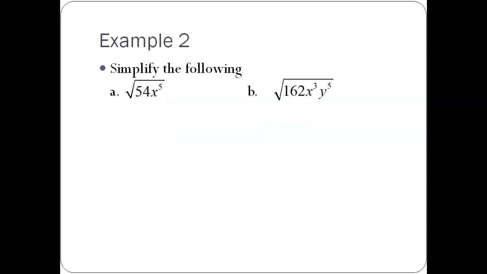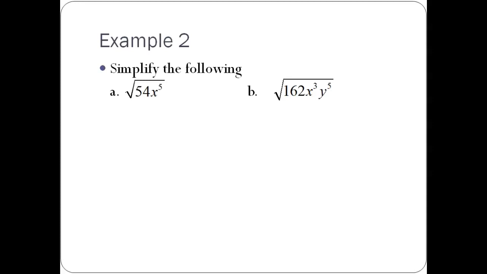We have the square root of 54x to the 5th. Now for these ones, because 54 is not a perfect square, we're going to want to see if there are any factors of 54 that are perfect squares. Same with x to the 5th. X to the 5th, you can see here is an odd exponent, so it will not itself be a perfect square.